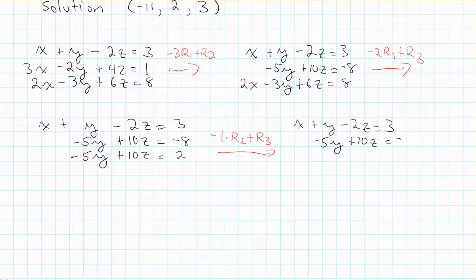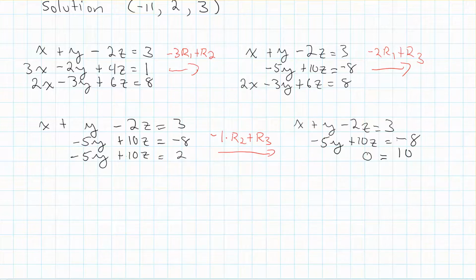There we go, equals -8. And now, of course, we just do negative, so I have -1, which would be 5 plus 5 minus 5, which is 0. And then I have -10 plus 10, which is 0. So I'm going to have 0 is equal to, and then I'd have 8 plus 2, which is 10.